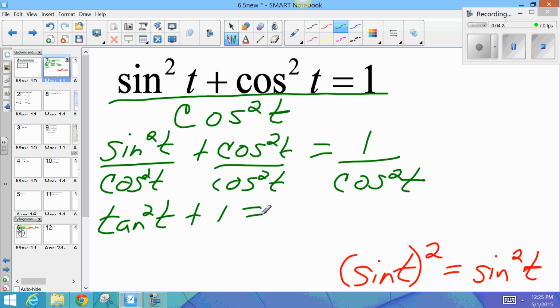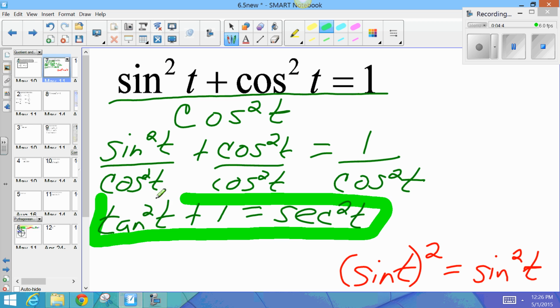Right? And then on the right-hand side of the equal sign, we've got a reciprocal identity for secant. 1 divided by cosine is secant. That's equal to secant squared of t. And then this new formula that we've just created is known as the second Pythagorean identity.